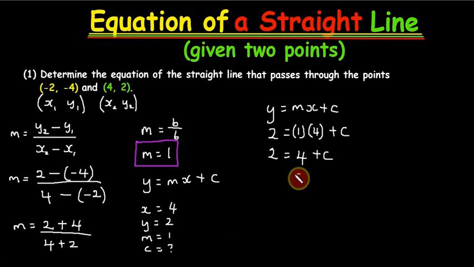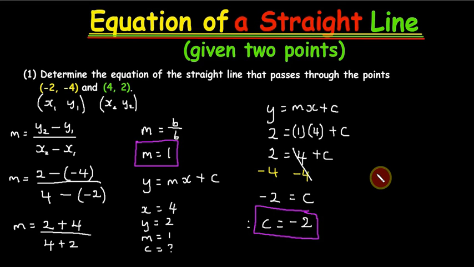So I subtract 4 on both sides of the equation. 2 minus 4 will give us minus 2. 4 minus 4 will result in 0. And we just write our c. So therefore, c equal to minus 2.